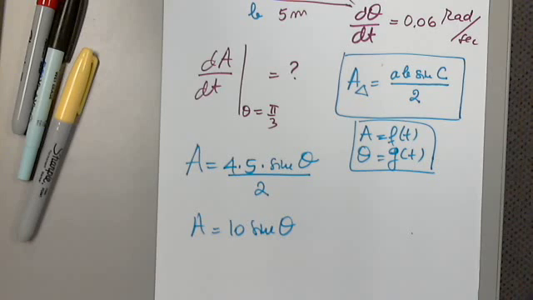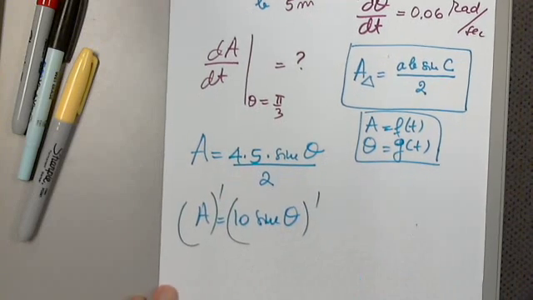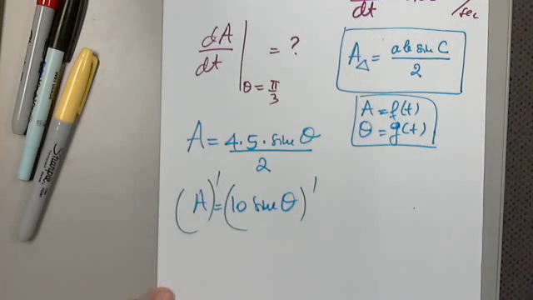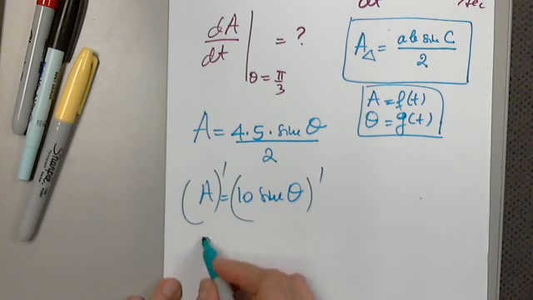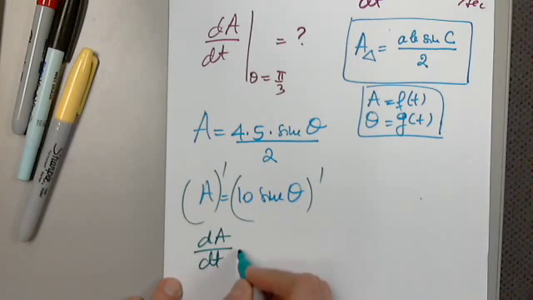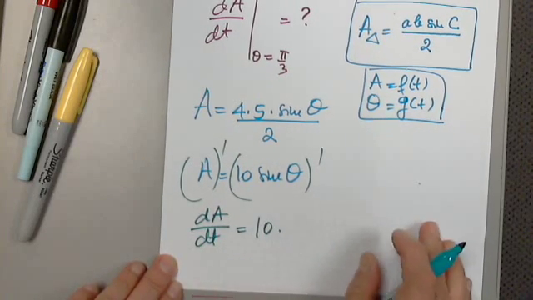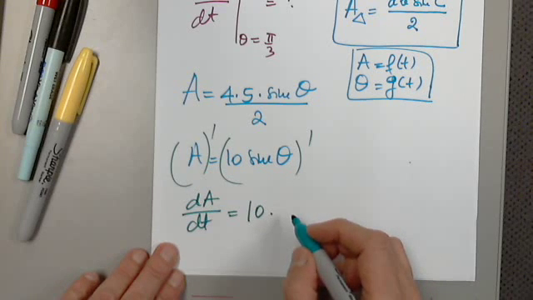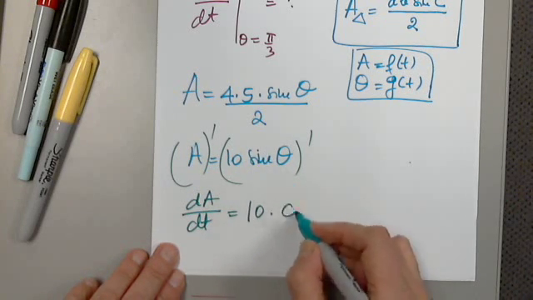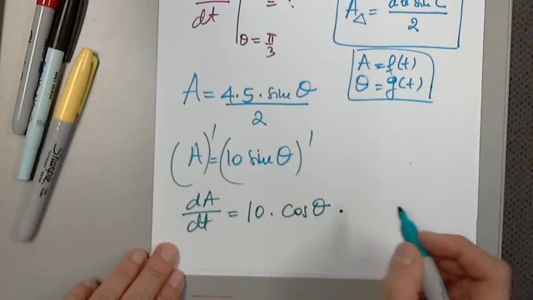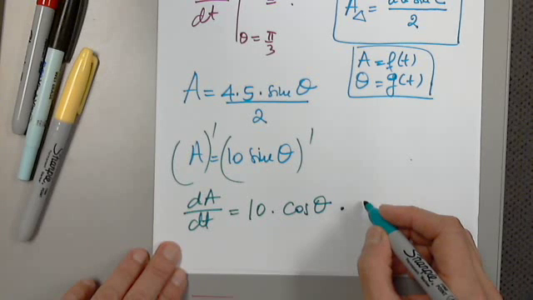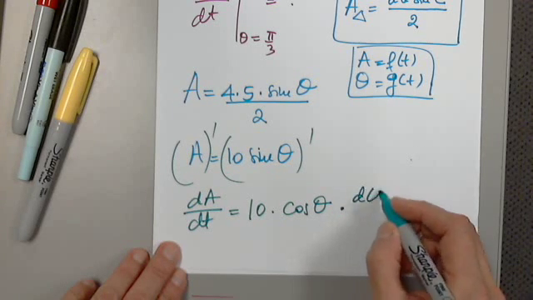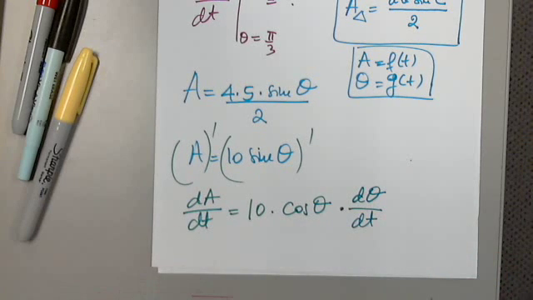Implicit differentiation. Or just differentiate both sides. Very good. So dA/dt equals 10 times cosine theta times d theta/dt, right?